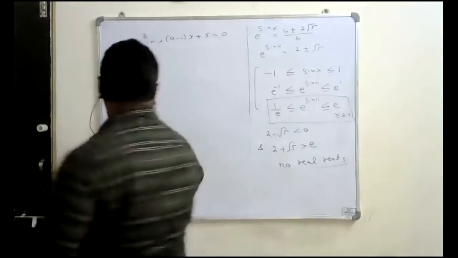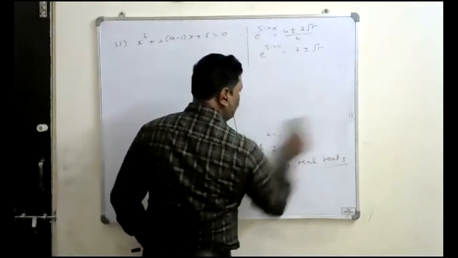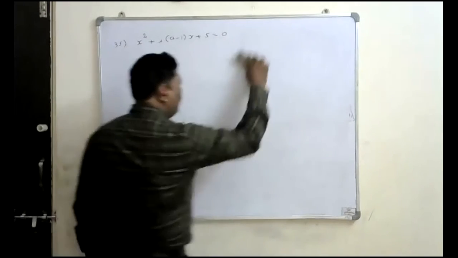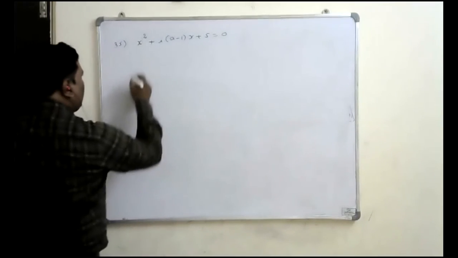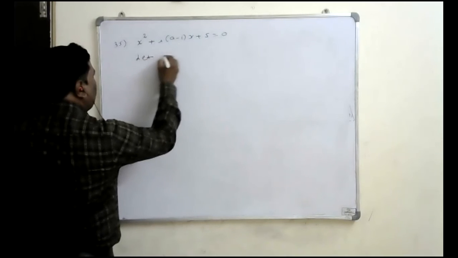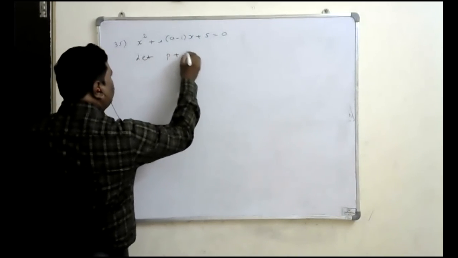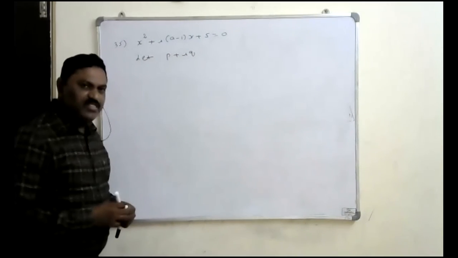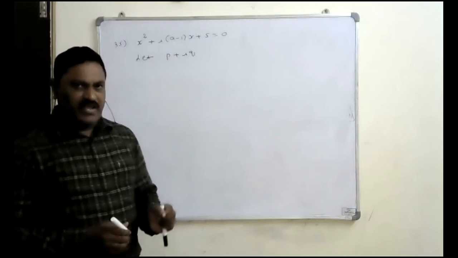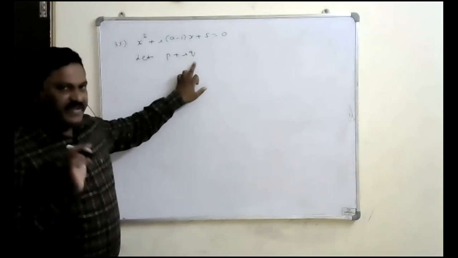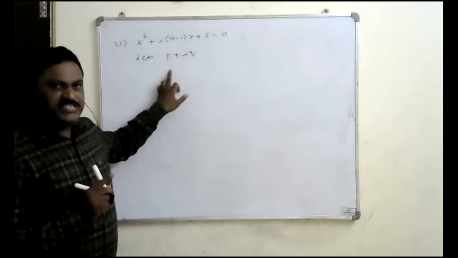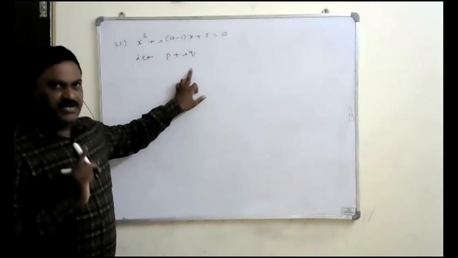Just observe here. It has a pair of conjugate complex roots, so I can take the roots as p plus iq. Any number of the form x plus iy is called a complex number, where p and q are real.